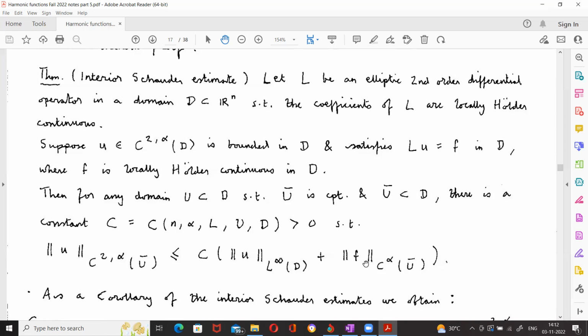So if u is L-harmonic, then f is 0, right? So that means that the C^{2,α} norm on U closure is bounded by the sup norm on D. Okay. So D here could be any open set containing U closure on which u is bounded. So you could take a small neighborhood of U closure, right?